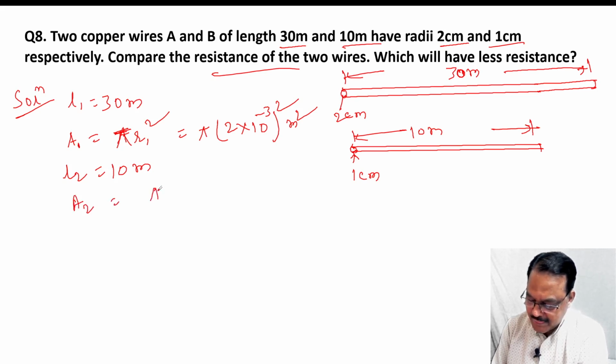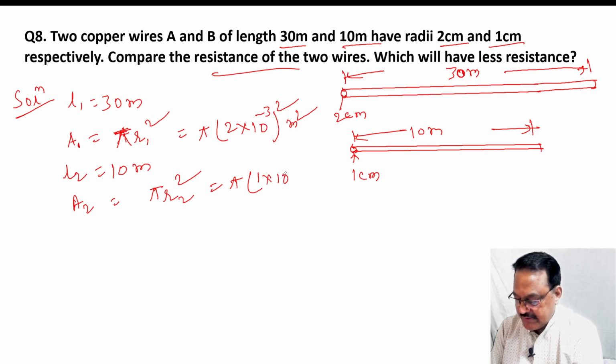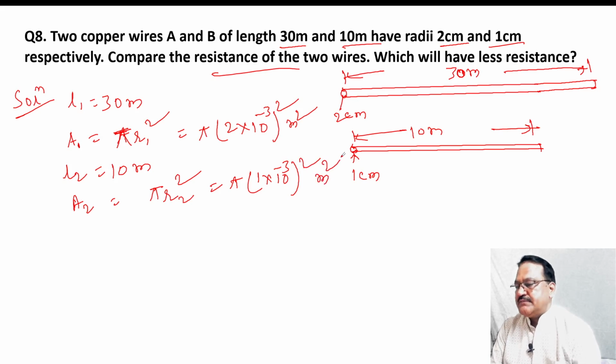Same way, A2 is pi R2 square. How much is R2 given? 1 into 10 to the power minus 3, whole square. It has become meter square. Okay, this much we can write.